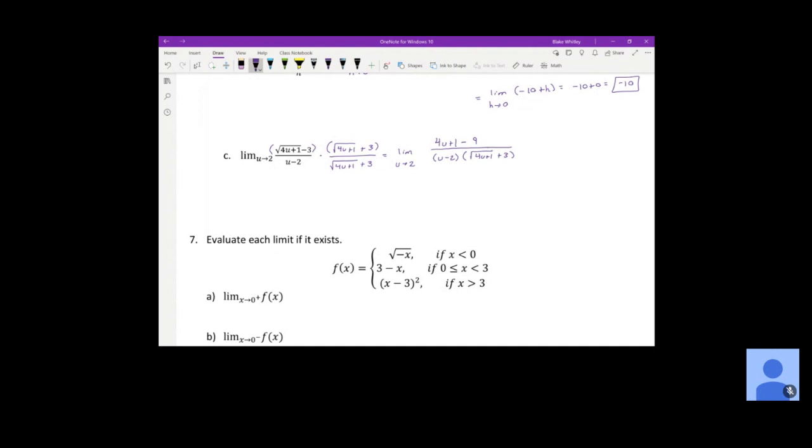All right, so if we combine like terms in our numerator now, what's that going to give us? Good, so +1 minus 9 is a -8, so we have 4u minus 8. I'm going to keep my u minus 2, square root of 4u plus 1, plus the 3 out here.